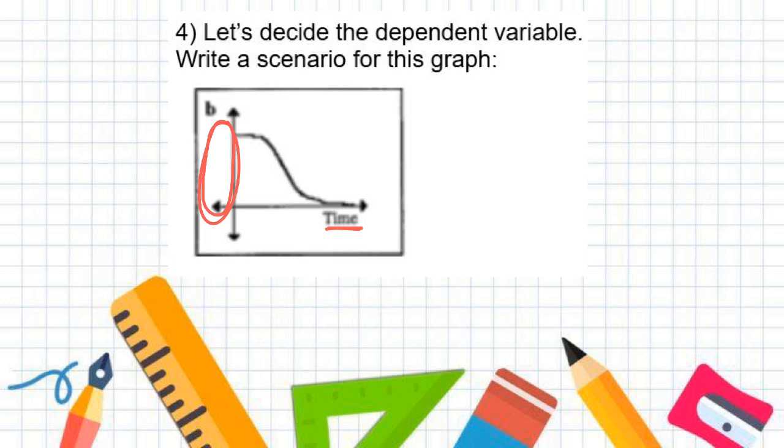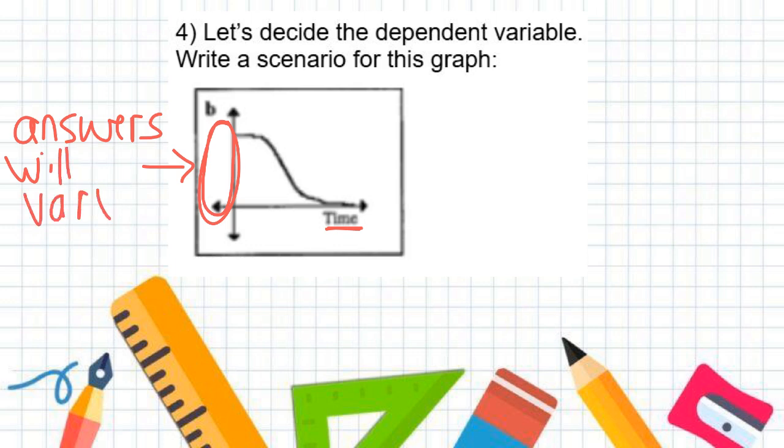So depending on what you decide here, again, your answers will vary. So your stories will be different depending on what that variable is. But this time, your story should start high on the graph.